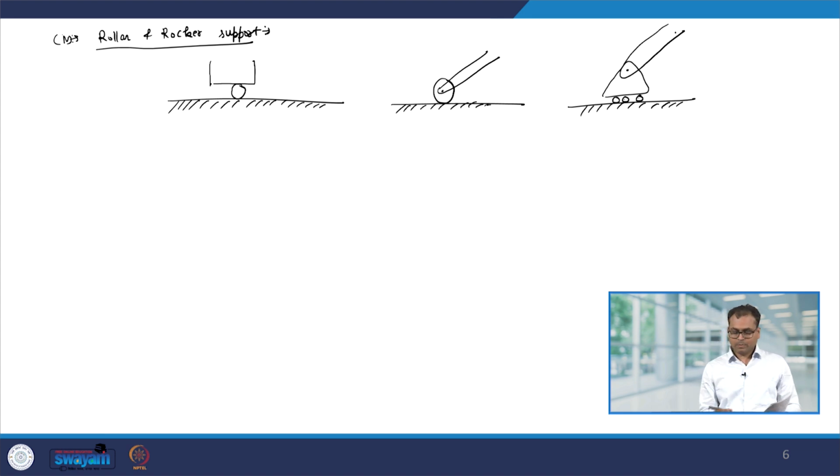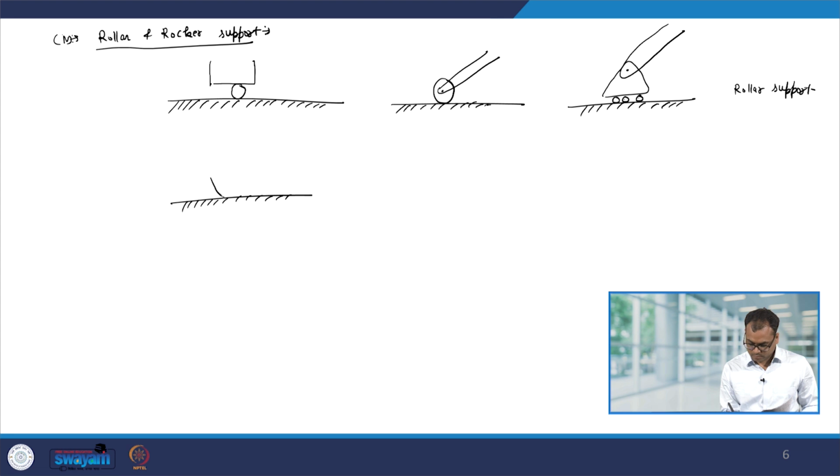All of them are called the roller support, and we can have this kind of configuration. This is called the rocker support.